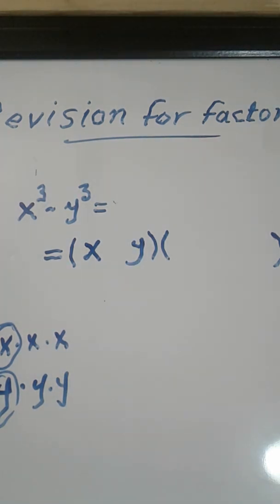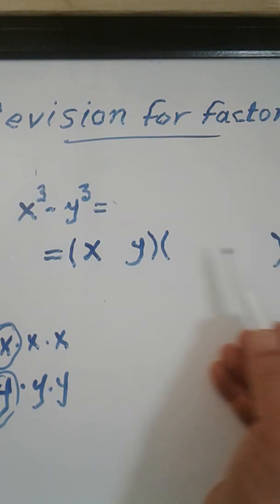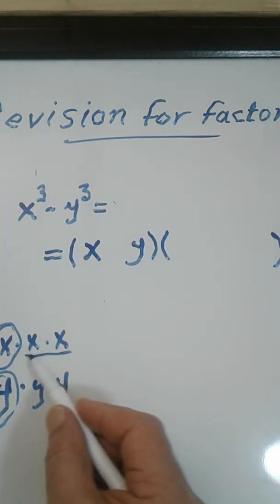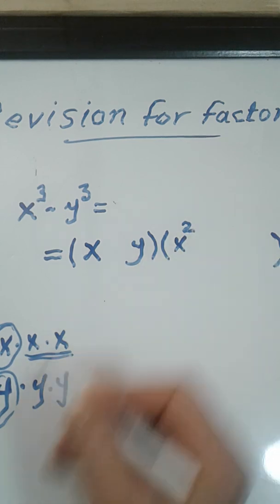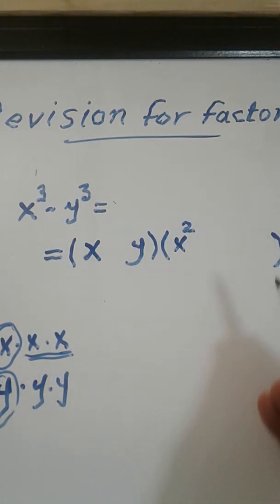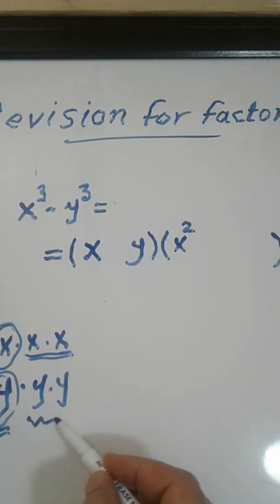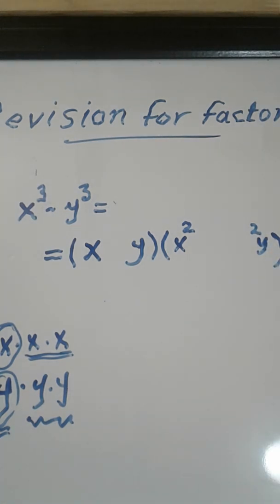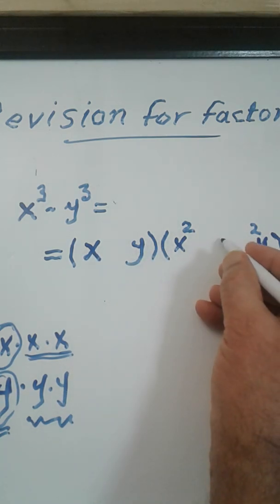Now how can we write the terms inside the other brackets? x here we got from this, and the remainder is x squared, so we write here x squared. Same thing for the last term: we wrote y here, the others are y times y, that means y squared. And in the middle, x times y.